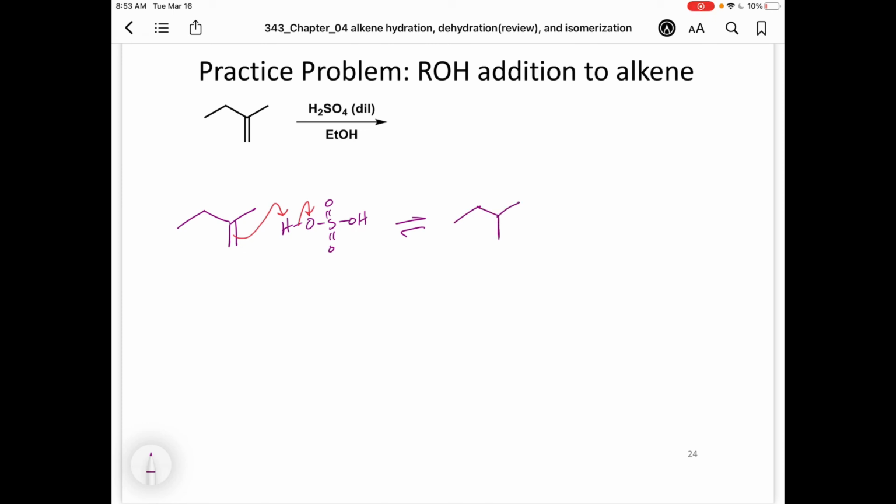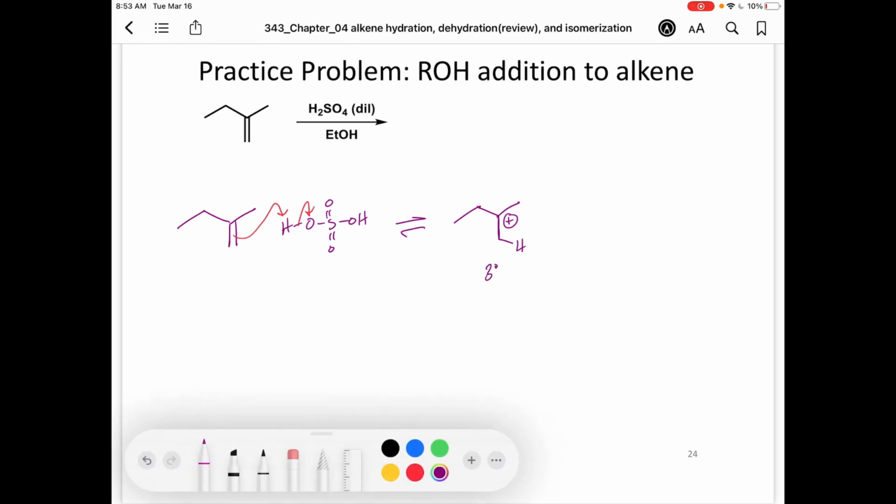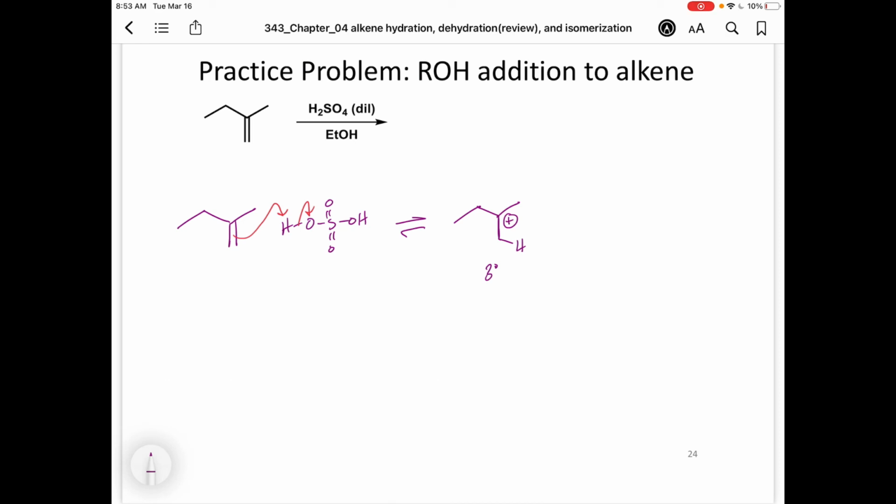So we know that the hydrogen will add on the least substituted carbon, or the one that already has lots of hydrogens. That makes sense because here we have a tertiary carbocation. Now, we know that we have this non-nucleophilic acid, but we also have some ethanol present.